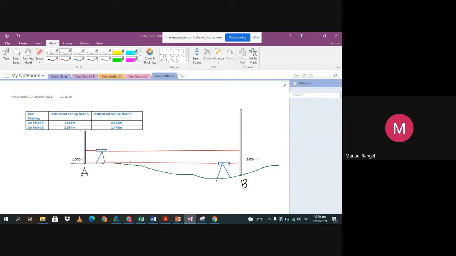This measurement, that is 0.938. Then the other is 1.449 meters.